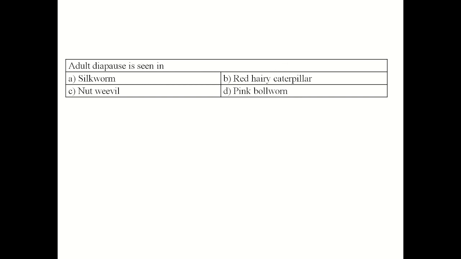Adult diapause is seen in mango nut weevil. The dorsal sclerite of an insect body segment is known as notum or tergum. Moniliform type of antenna is seen in termites.